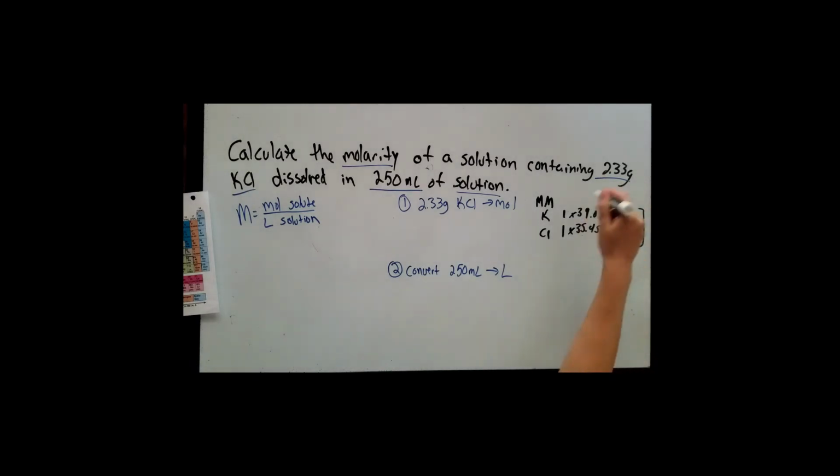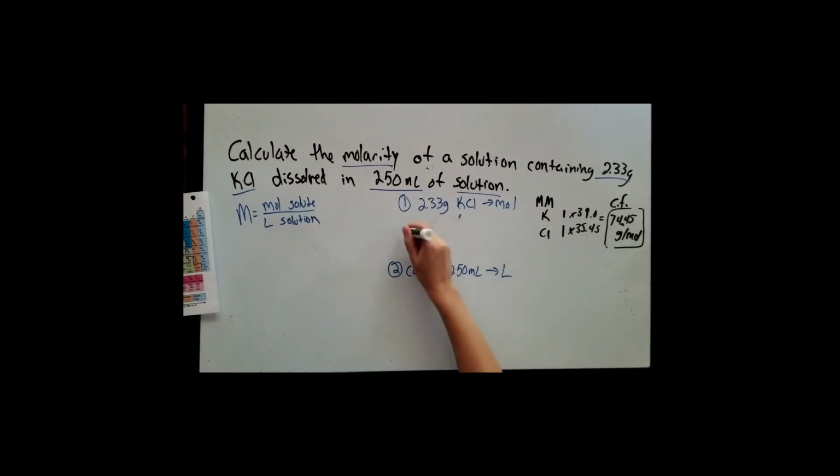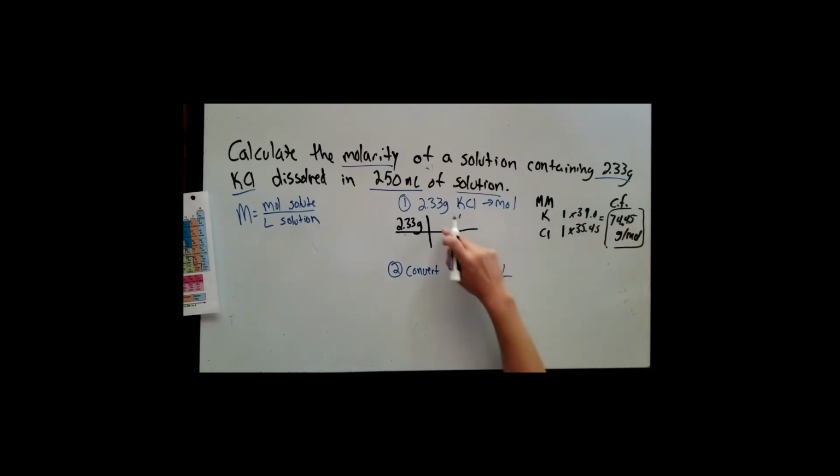So once I have my conversion factor, I can do my railroad tracks. What's going to go in this upper left-hand corner? What we're starting with, the grams. Okay, so I'm going to put my 2.33 grams starting. Then I will take my conversion factor, and I just need to figure out how it goes. Do I want grams on top or grams on bottom?